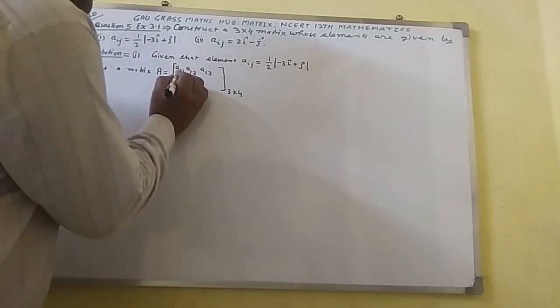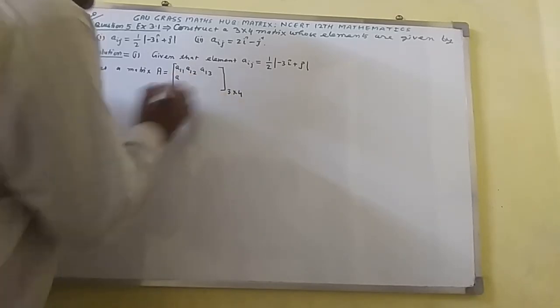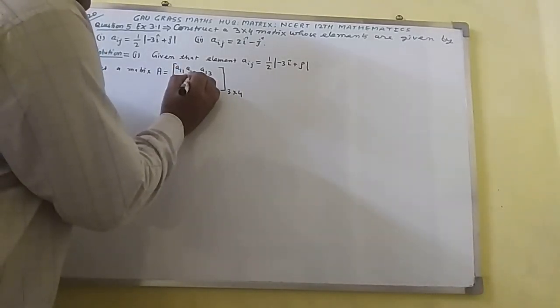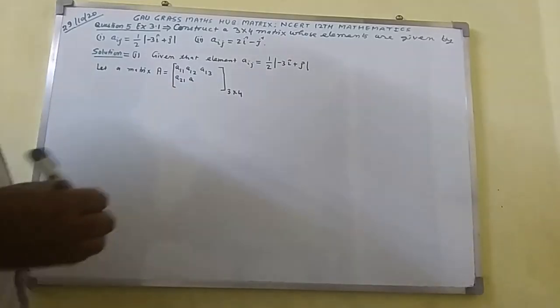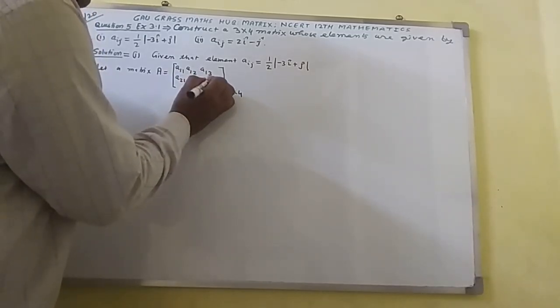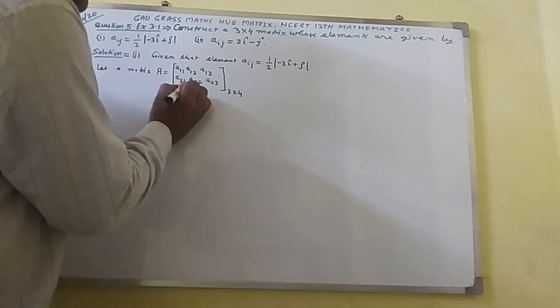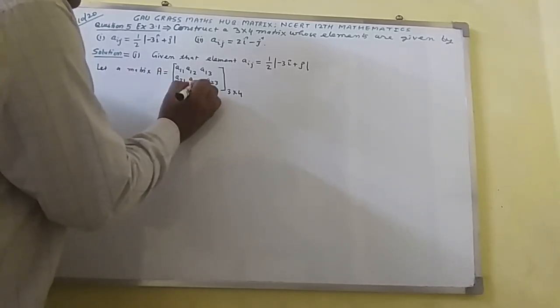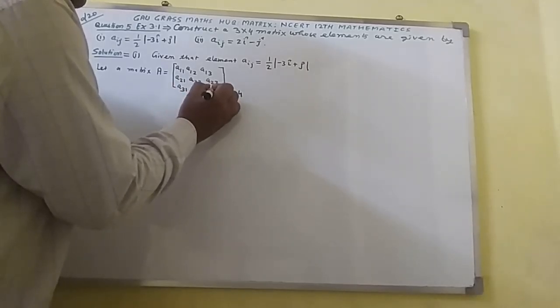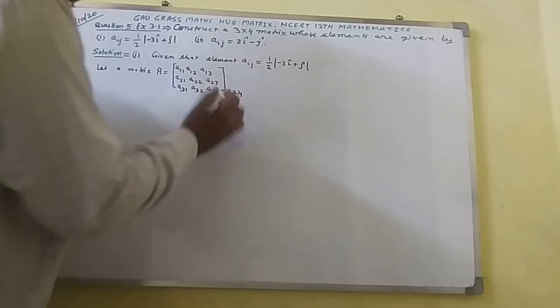So here I shall write again, the second row will become a21, a22, a23. Then the third row becomes a31, a32, a33.